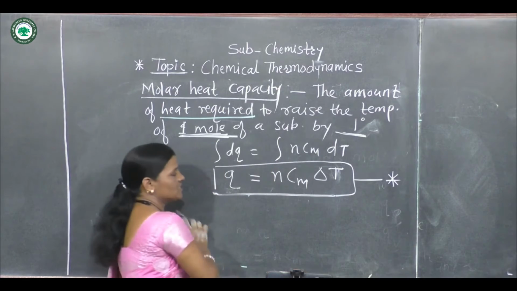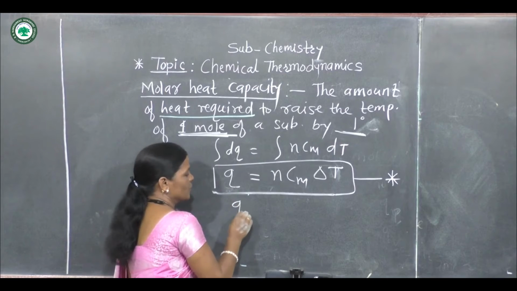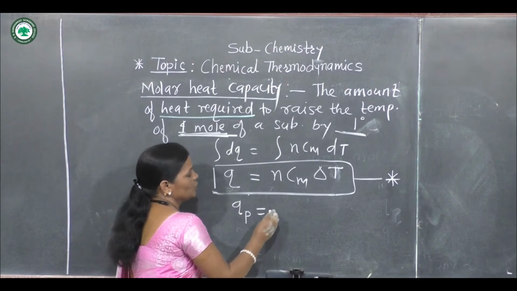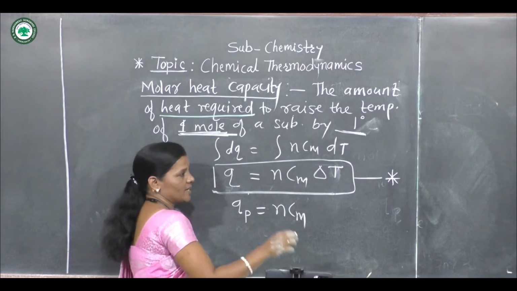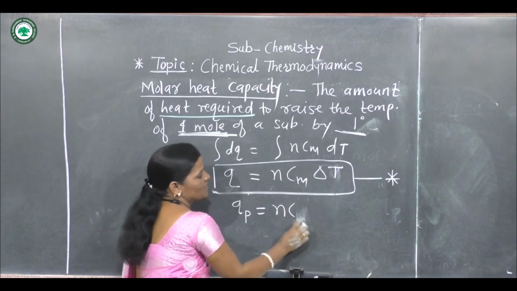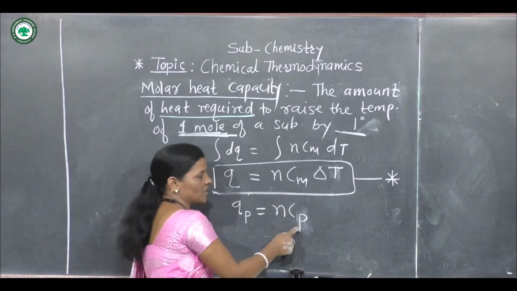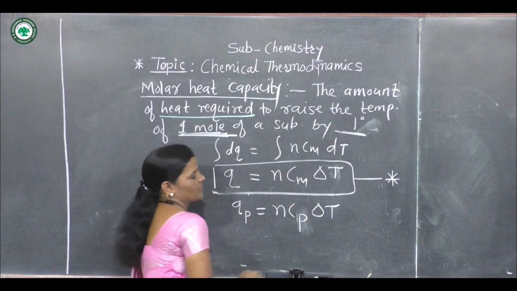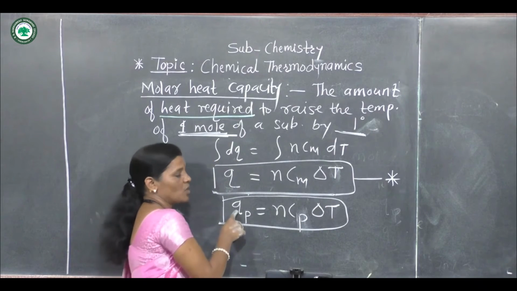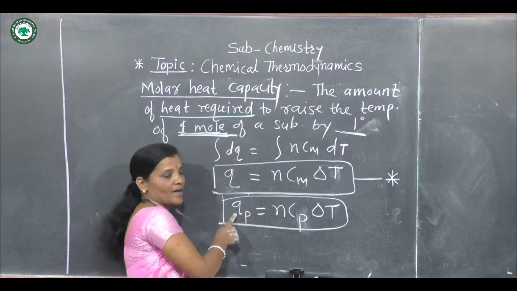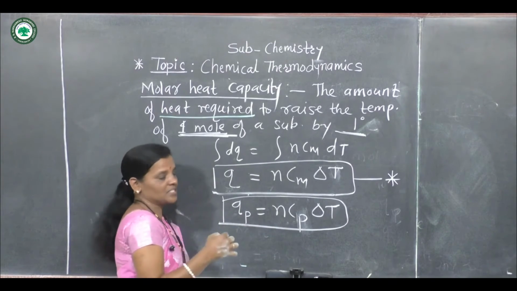If this formula is known to all of you, then replace QP is equal to N Cm, where Cm means molar heat capacity, by CP, that is molar heat capacity at constant pressure, into del T. So at constant pressure, this formula we have to use.